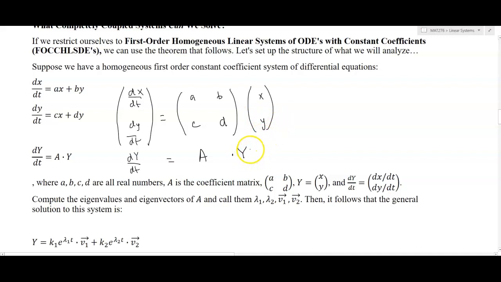So, the theorem states that if we compute the eigenvalues and eigenvectors of A and call them lambda 1, lambda 2, v1, and v2, then it follows that the general solution to the system is vector y equals k1 e to the lambda 1 t times v1 plus k2 e to the lambda 2 t times v2.